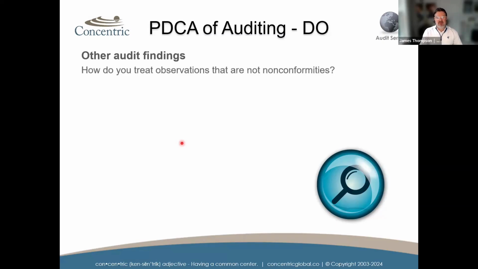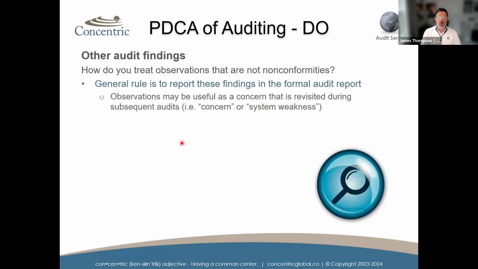Other audit findings might be, especially for those that don't really fit into the nonconformities category, as a general rule, to report these findings in a formal report. Observations may be useful as a concern that's revisited during subsequent audits. So a concern, I typically use concern or system weakness, for something that I usually call a C- in the grading scale.